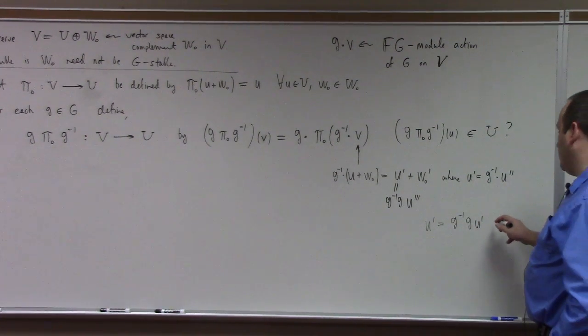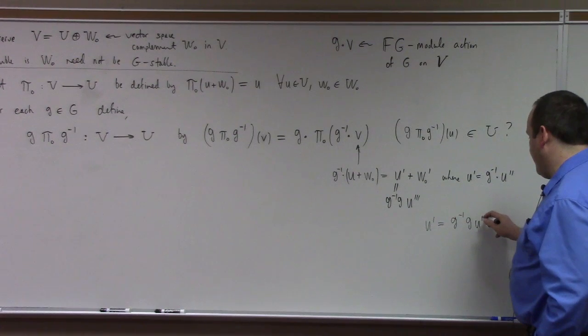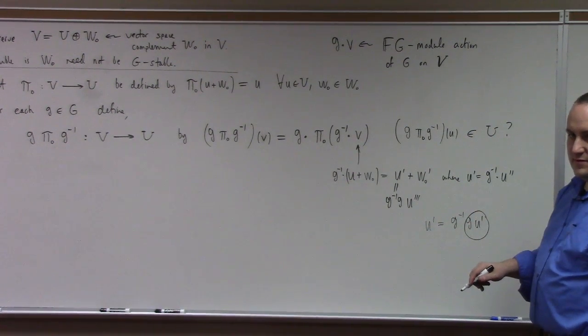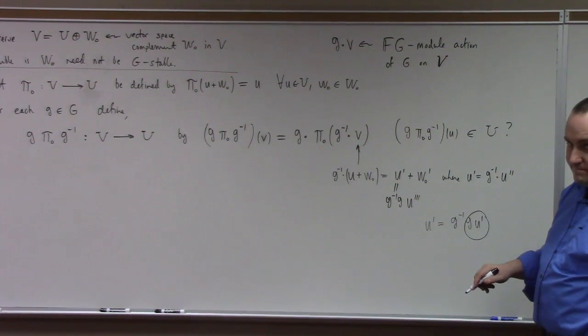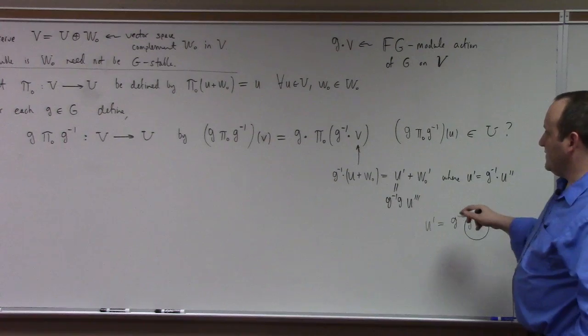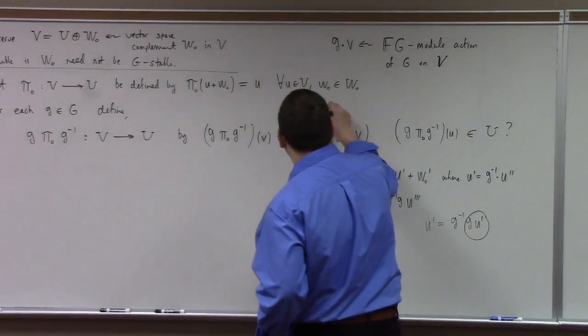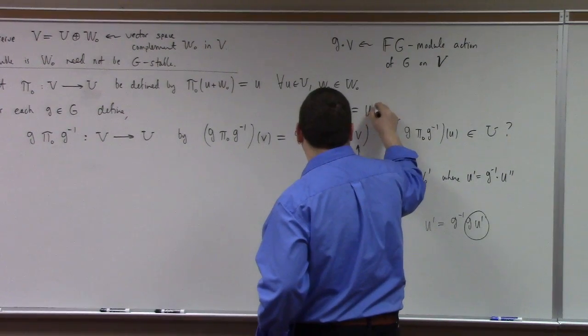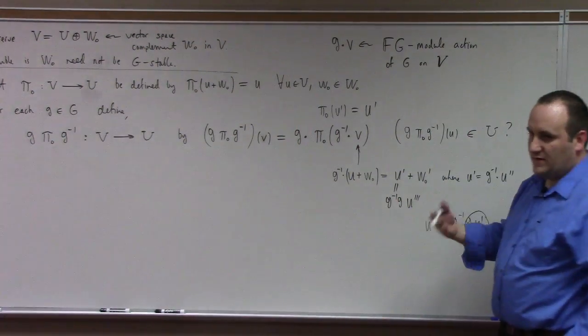I don't know for sure that this is in U again, but that doesn't really matter because pi naught of U prime is what? It's U prime, because U prime we're assuming is in U.